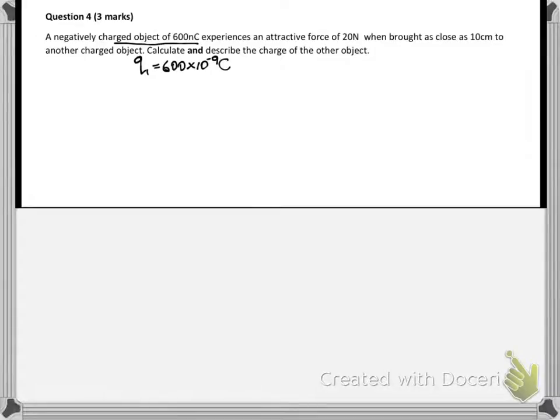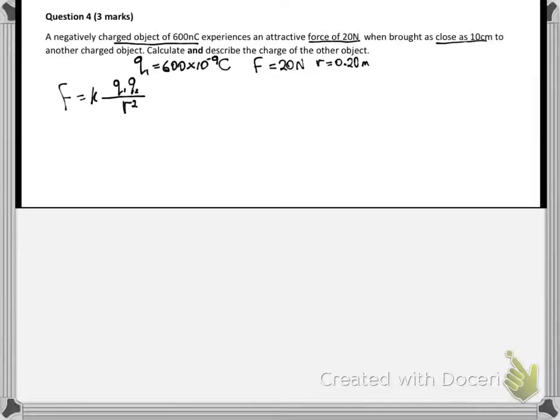So there's our first charged quantity, 600 nanocoulombs, 10 to the negative 9. And we've got a force of 20 newtons. And here's our distance of 10 centimeters. But what have I done? I've written 20 centimeters. Well, my mistake, but I'm sure you can figure that out and correct it yourself.